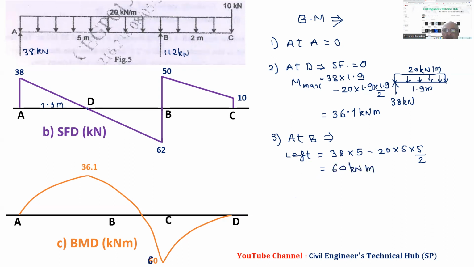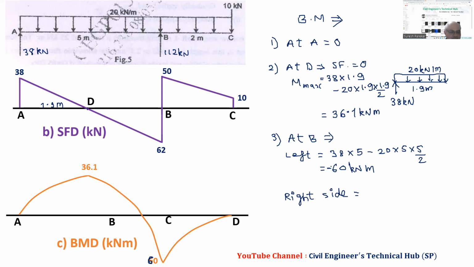Now you can find it from right also. If I take the right side, what we will get is minus 60.